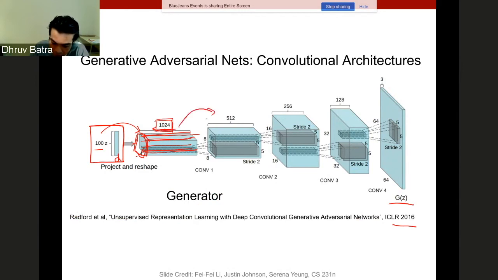And then after that, we can have transpose convolution layers to increase our spatial resolution, ultimately arriving at a desired spatial resolution of 64 by 64 by 3, where these are then treated as RGB values that are then fed into a discriminator network.